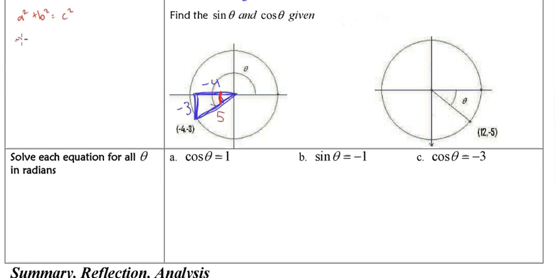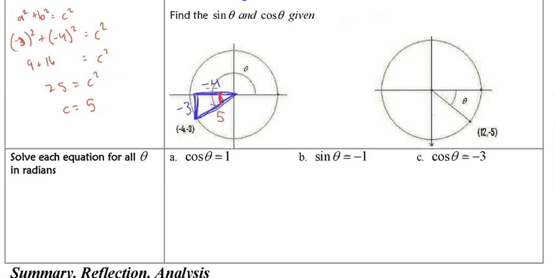So -3 squared plus -4 squared gives us c squared. That's 9 plus 16, which is 25. So c equals 5. And again, it's going to be a +5 because distance is always positive. So one more time, these should be +3 and +4, but I'm leaving that negative on there just to illustrate the point a little bit.